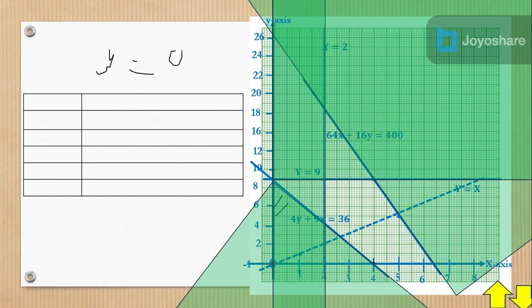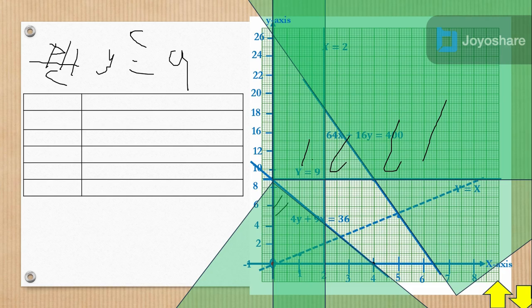Originally, before bringing that, this was a less than. With a horizontal line like this, up means greater than and down means less than. Now which one is agreeing with the sign? The one down. So we do the opposite of this sign. Since it's less than, we shall shade it up, and that's why you see that here we have shaded it up.